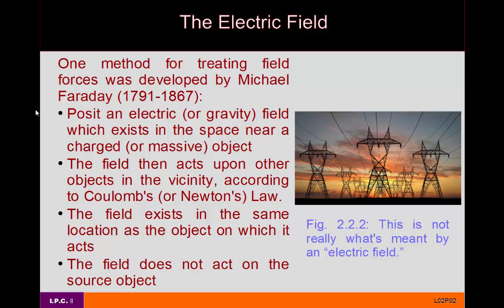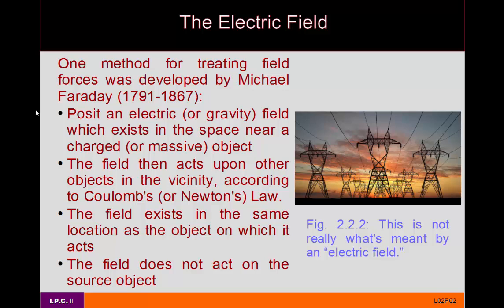And what these two fields, the electric field and the gravitational field, do is act upon any other objects within the vicinity according to either Coulomb's law or Newton's law of universal gravitation as appropriate. This means that the electric field will interact with any other charged particles that are in the vicinity. It doesn't interact with the object that's actually generating the field.